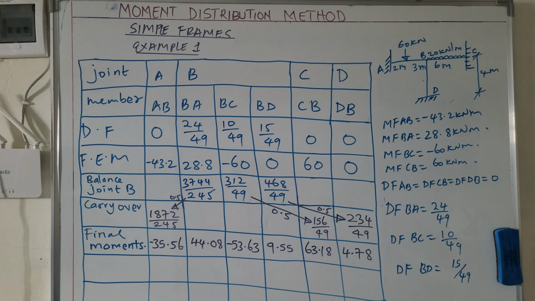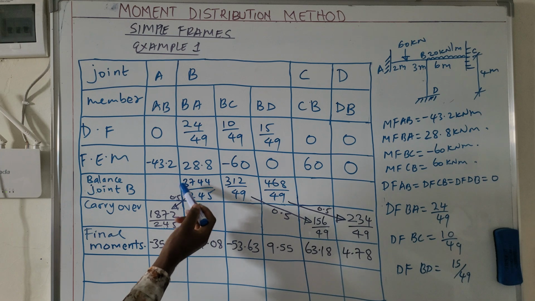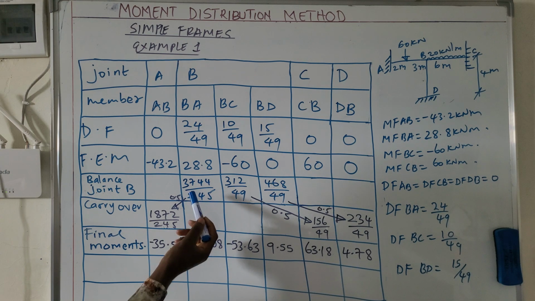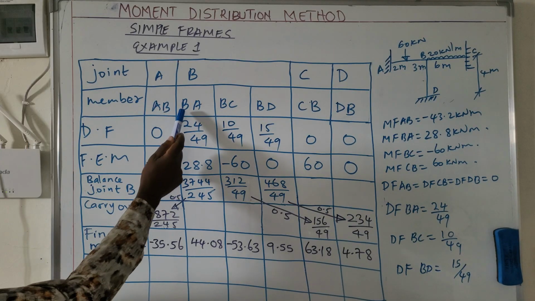After every balancing, you will be carrying over whatever you have balanced. So you carry over by taking a half of this to the opposite member. For example, member BA.